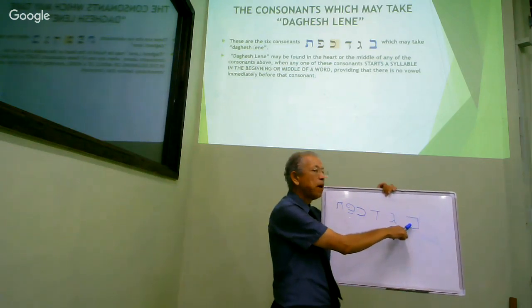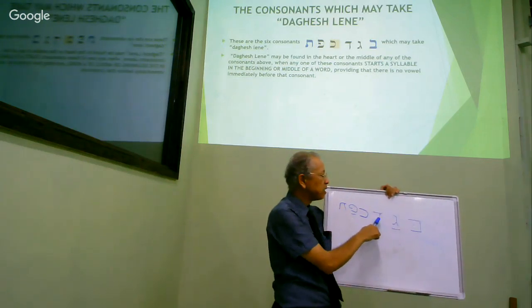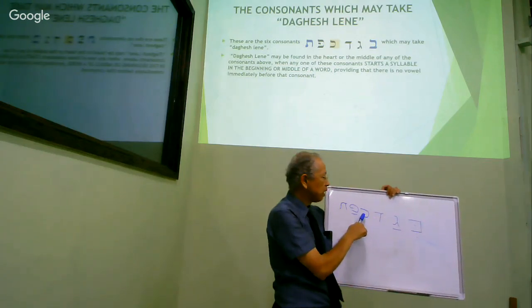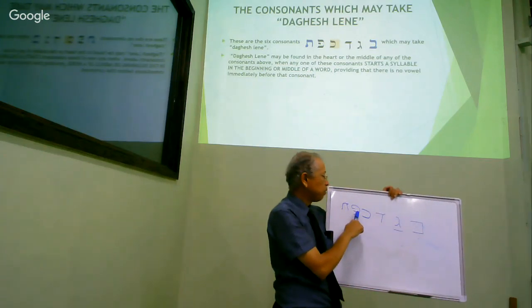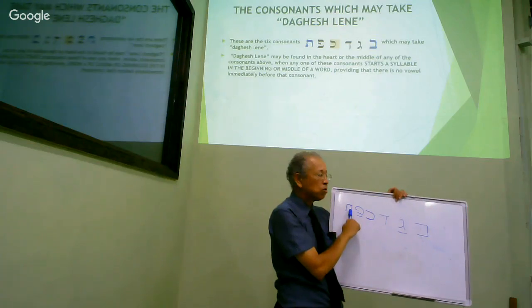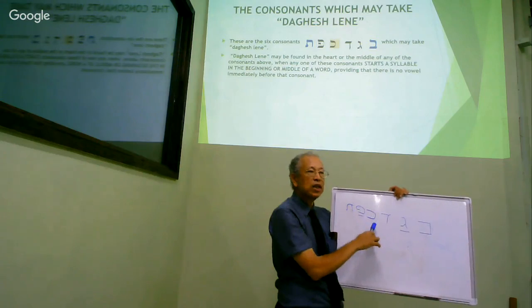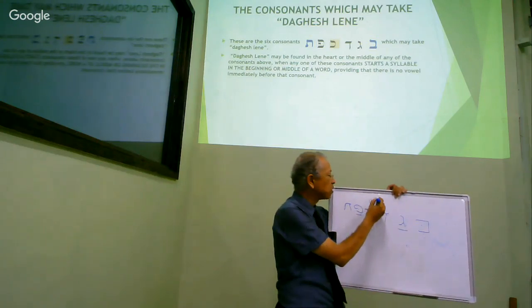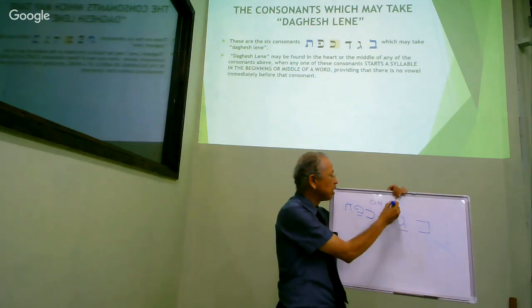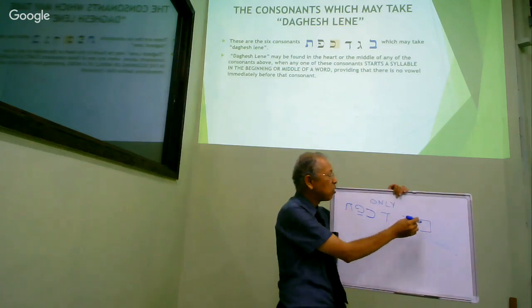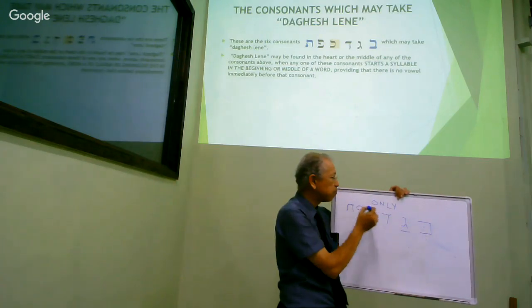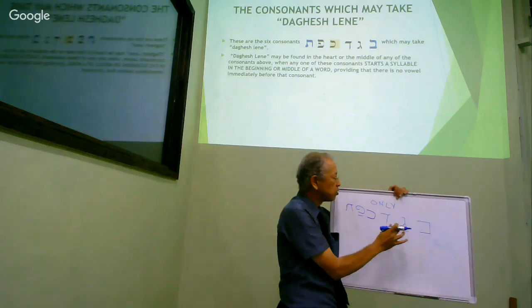This is Bet, Gimel, Dalet, Kaf, Fe, and Thau. These are the 6 letters, and only these 6 letters, in the alphabet that will take a dot in the middle of them. No other letters but these.